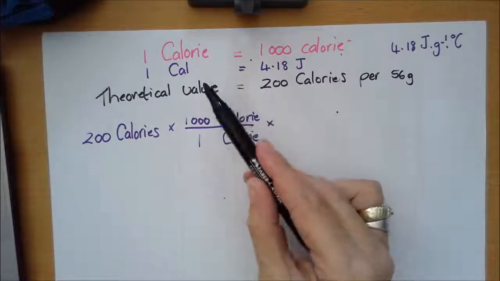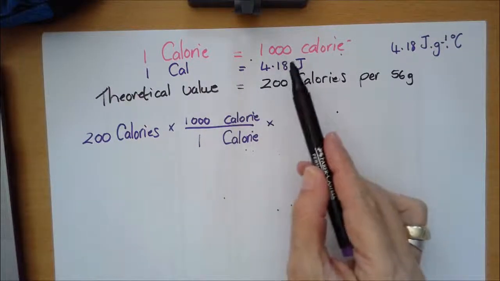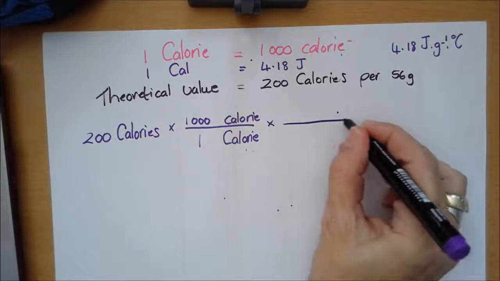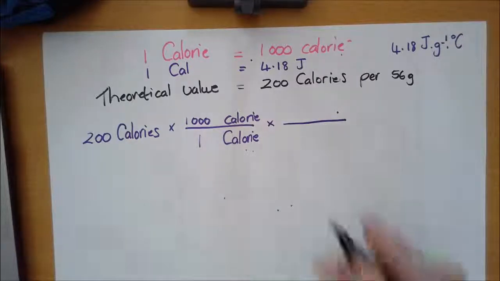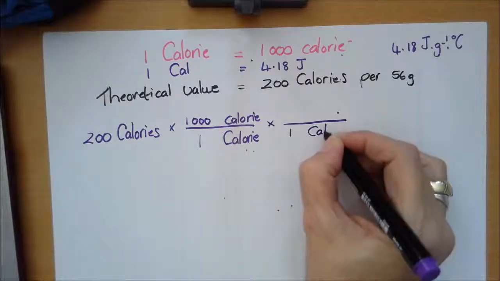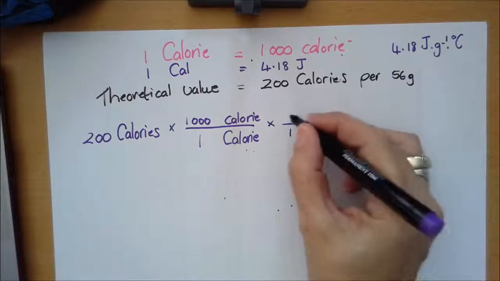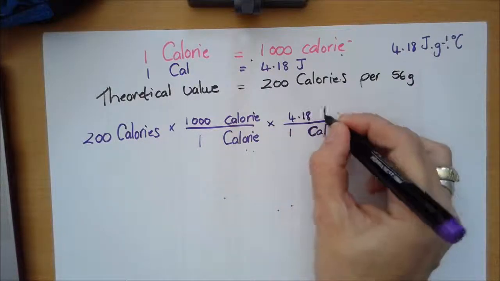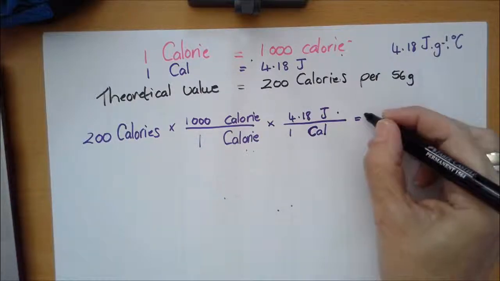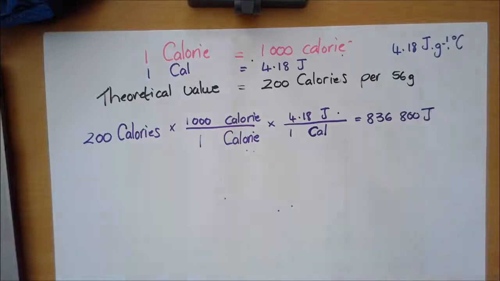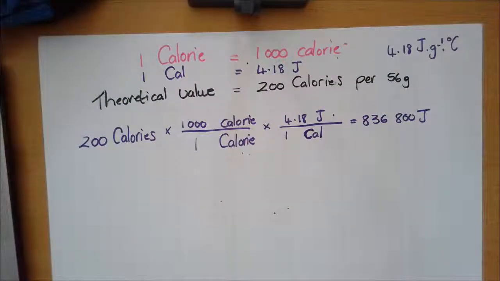That 1 calorie is equal to 4.18 joules. So that means if I want to put this into energy in joules, I will say that 1 calorie, small letter c calorie, times 4.18 joules will tell me that I have 836,800 joules of energy per 56 grams of pasta.